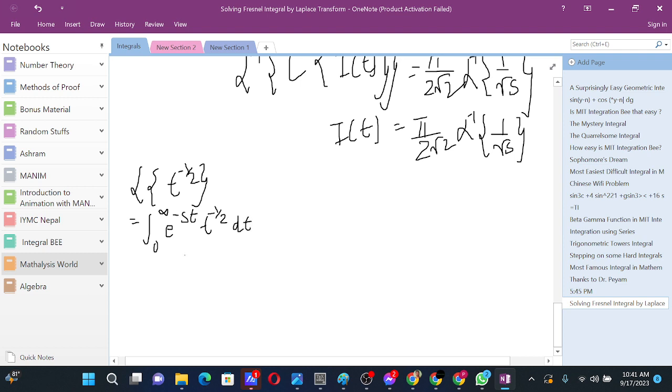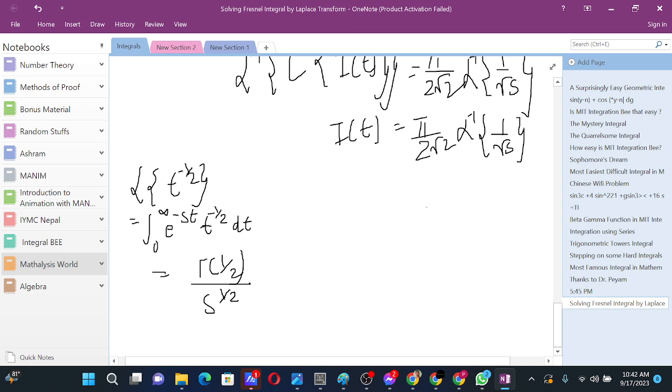Yeah, and now this integral, for this also you need to know Laplace transform, or you can just substitute st as some function u, and then here u to the power minus 1 by 2 by s to the power minus 1 by 2. You can do by that substitution, substitute that u equals st, and then you can use the property of gamma function, and after that you will get this integral to be gamma of 1 by 2 by s to the power 1 by 2.